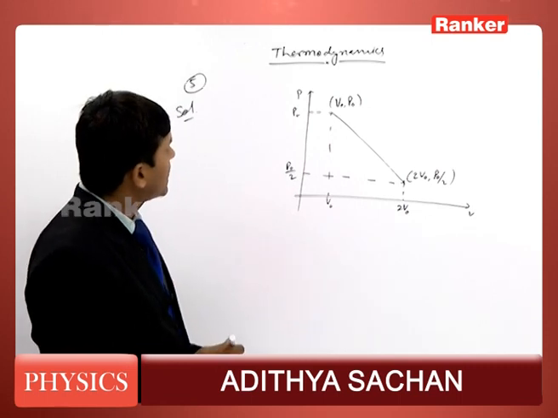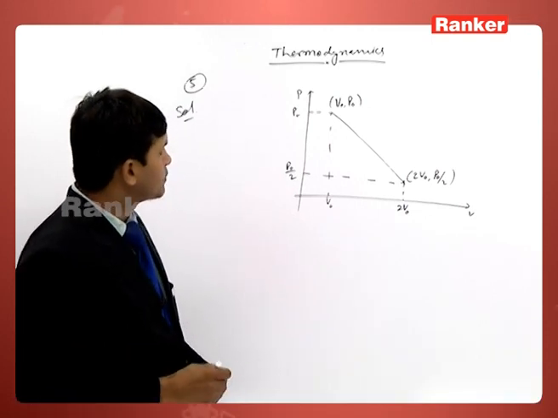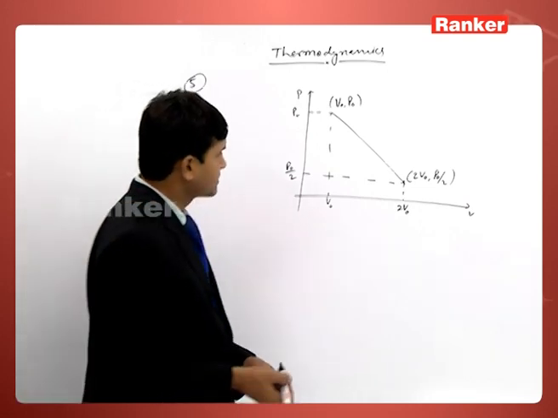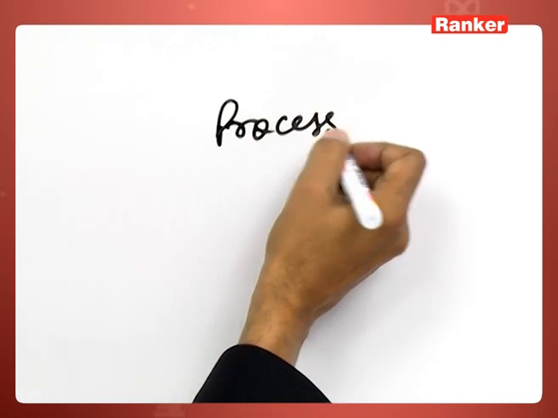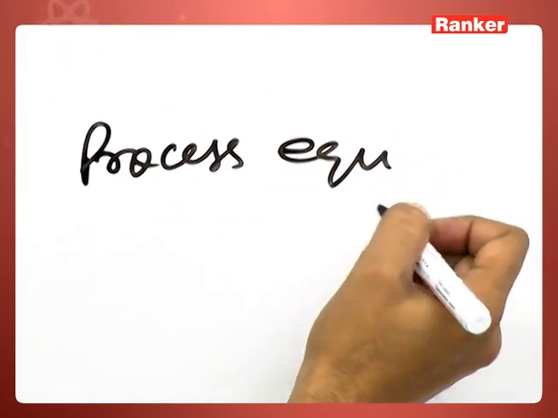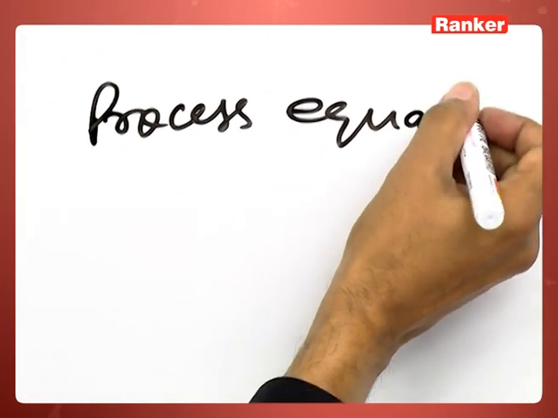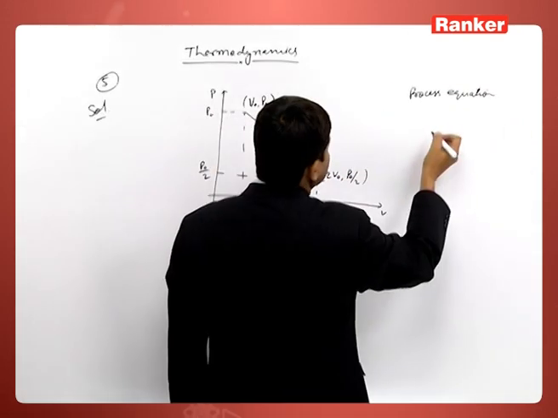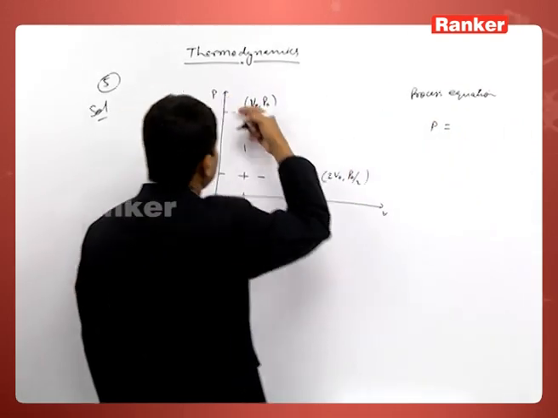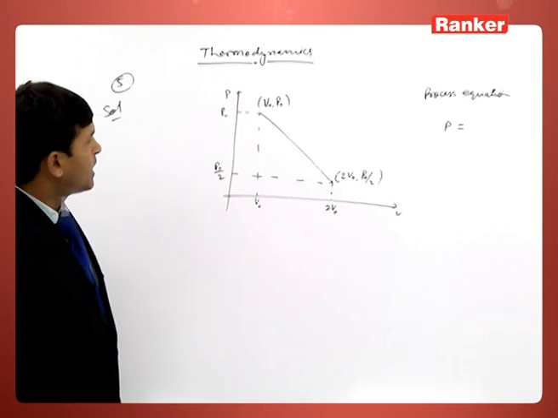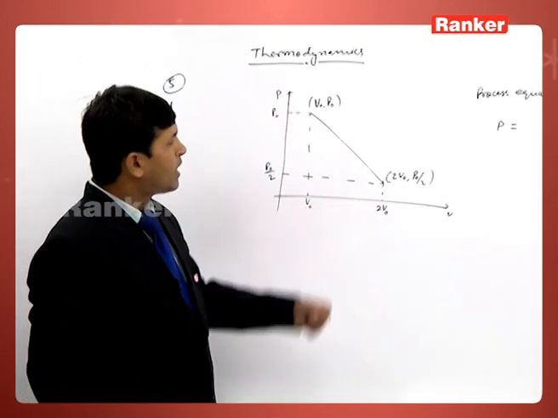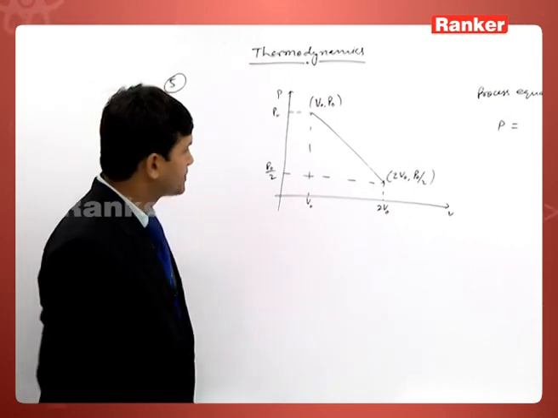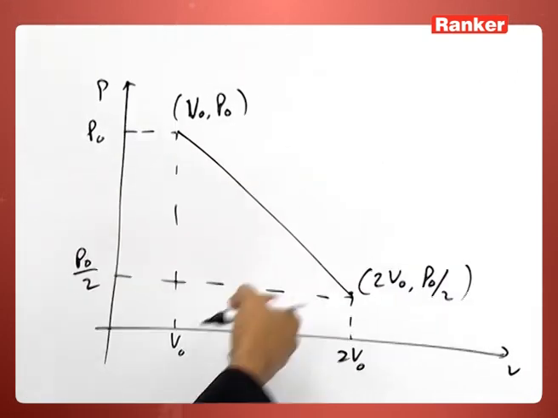So first we would like to write the process equation, because this is not a well-defined process, we will write the equation of this line. By using PV is a straight line, y is equal to mx plus c. M is the slope, and this is a negative slope.